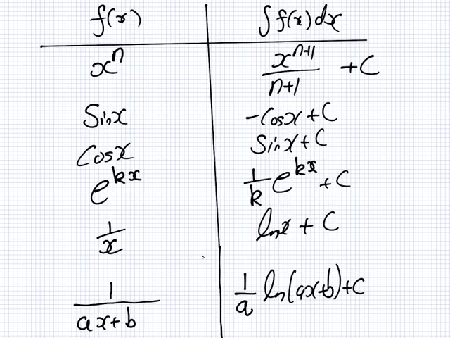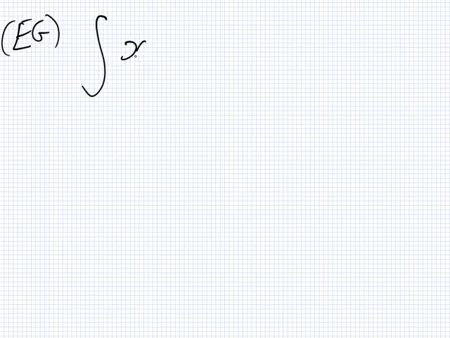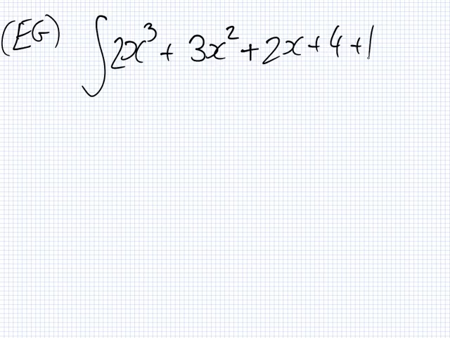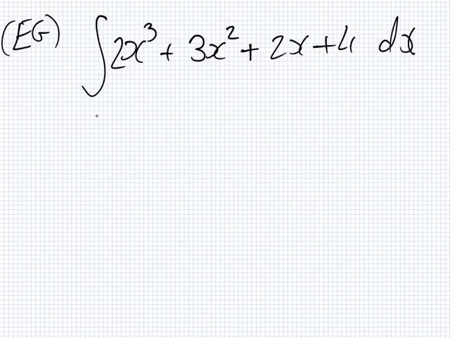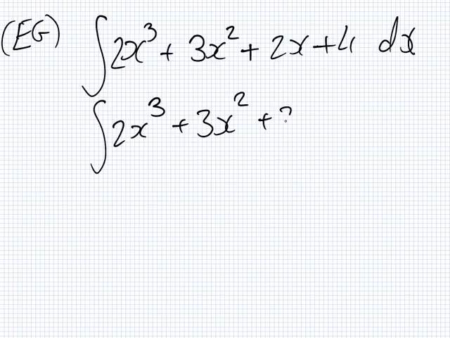Let's have a look at our first example then. So for example, we want to integrate 2x cubed plus 3x squared plus 2x plus 4 dx. So the first thing I'll do, just to make it really clear, is I'll put all the powers in. So this is x squared, this is x^1, and then what about the 4?